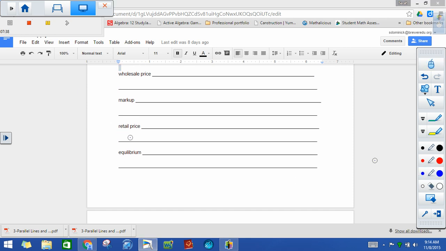Alright, so equilibrium is the point of intersection of supply and demand functions.